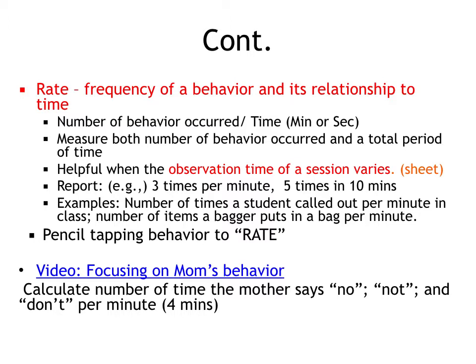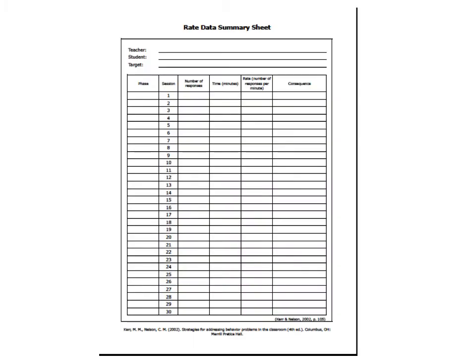You still count the behavior, but you divide the number of behaviors that occurred by time. So when you report the data, it can go like 3 times per minute or 5 times in 10 minutes. This is a sample data sheet you can use.